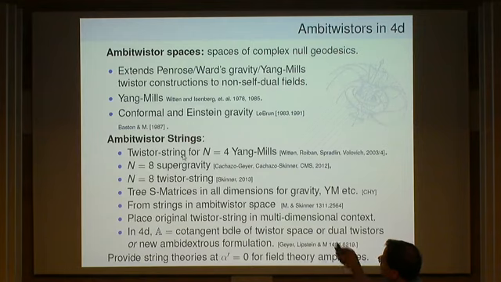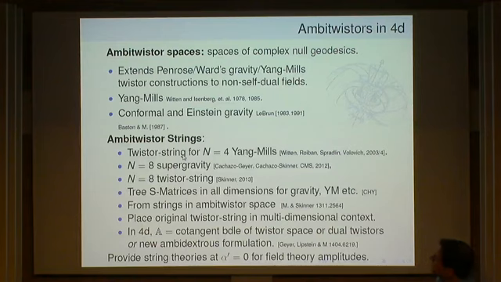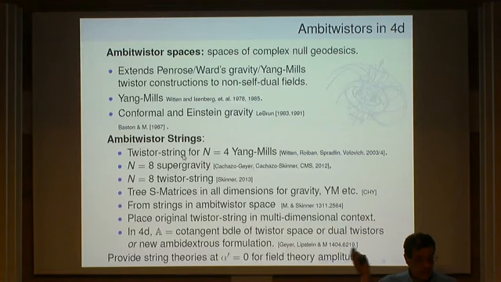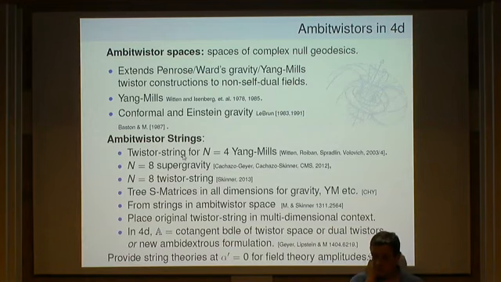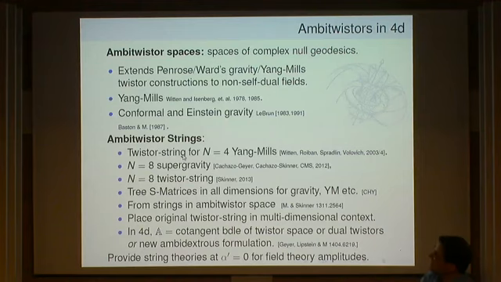So '78 was Yang-Mills. Gravity took quite a lot longer. Claude LeBrun set up the general framework. The story here has 2 steps. In the original nonlinear graviton construction, the existence of the twistor construction gives you the self-duality equations, whereas here the Yang-Mills correspondence and the Einstein correspondence work without any field equations being satisfied, and you have to characterize those ambitwistor spaces or bundles of ambitwistor space that satisfy the field equations.